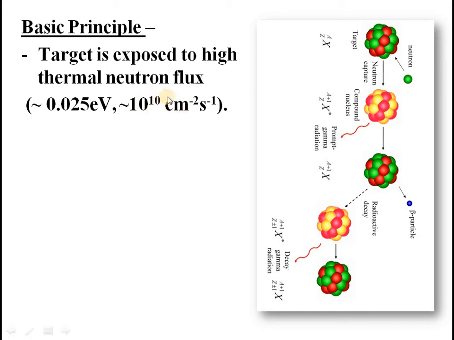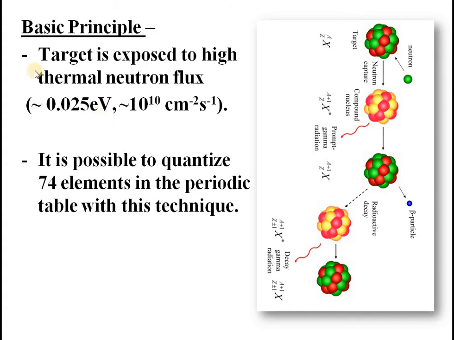So if you expose for a few milliseconds or a few microseconds, you can imagine how many neutrons fall over the surface. Neutrons with 0.025 electron volt are known as thermal neutrons. We will very soon see the classification of neutrons, and then you will understand much more about them.